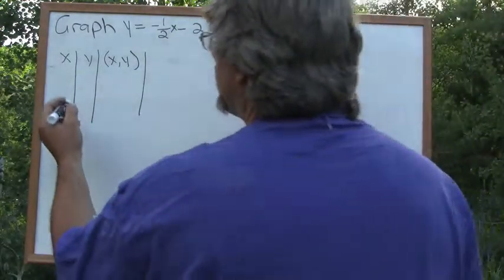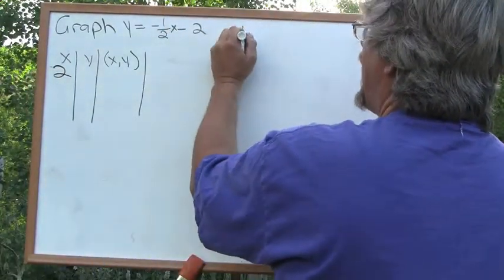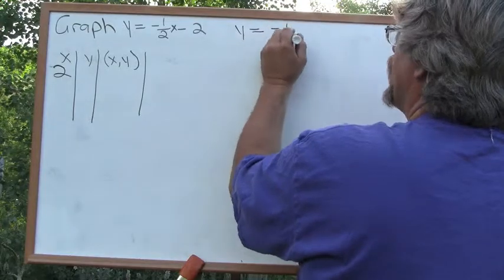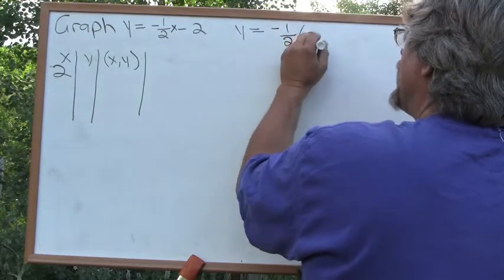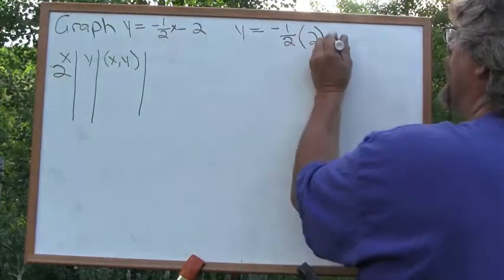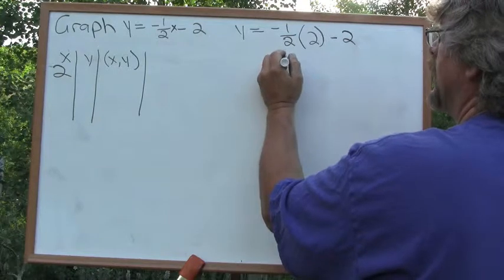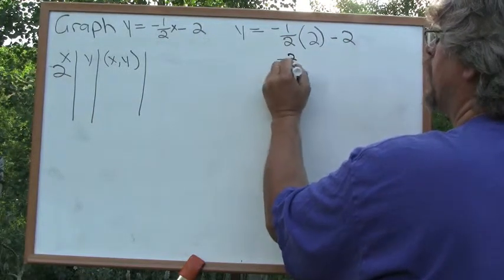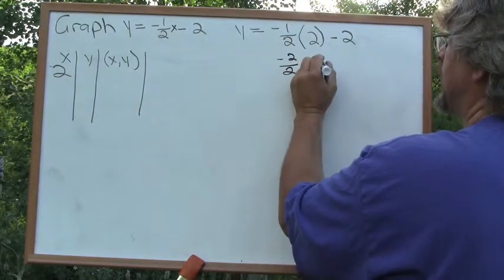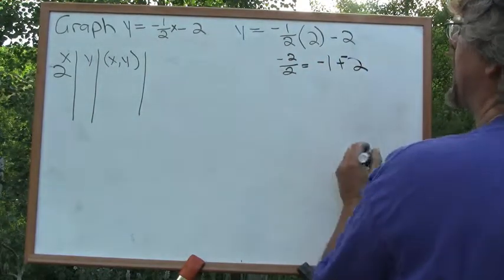So let's say we chose a value of 2 for x. That means y equals negative 1/2 times 2. We plug in our 2 for the x here, minus 2. This ends up being negative 2 over 2, which simply equals negative 1, minus 2, which is a plus negative 2.